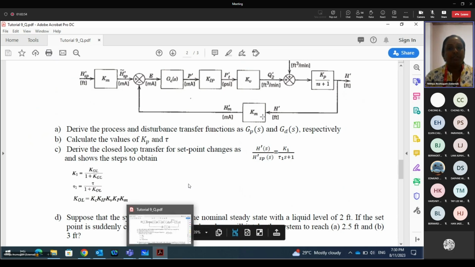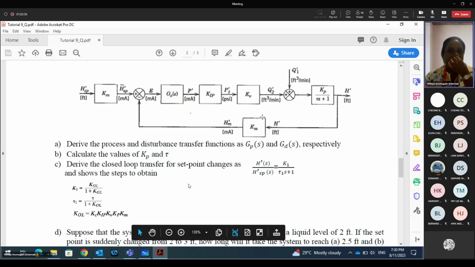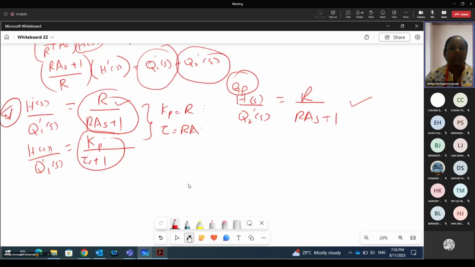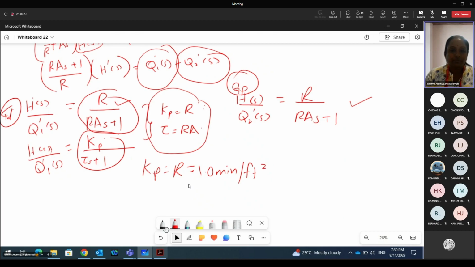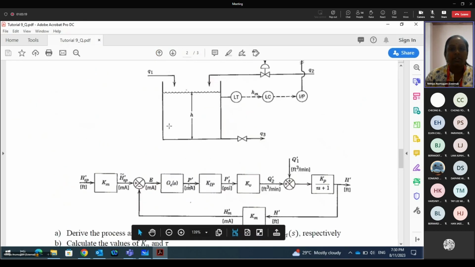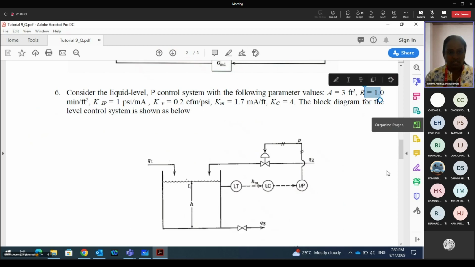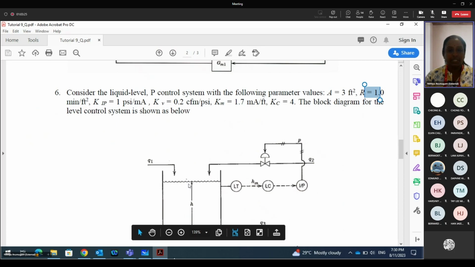If you notice from the relationship of the gain transfer function form, the Kp is basically equal to R, and R is already given in the question as 1 minute per feet square. Okay, R is already given, 1.0 minute per meter cube.